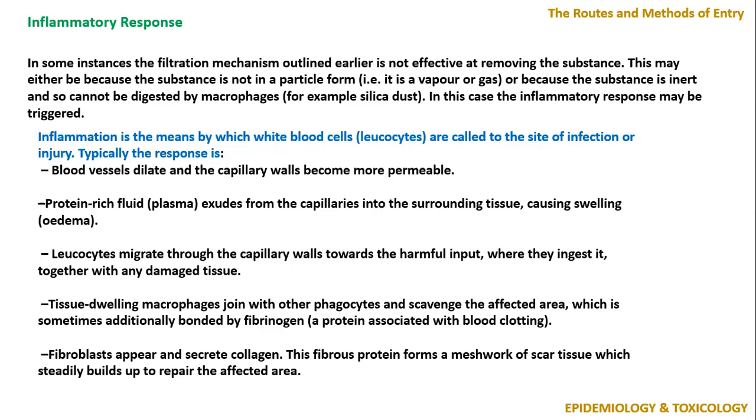So the filtration mechanism outlined earlier is not effective at removing it. This may be because the substance is not in particle form, that is, it is either a vapor or a gas, or because the substance is inert and so cannot be digested by the macrophages, for example, silica dust.